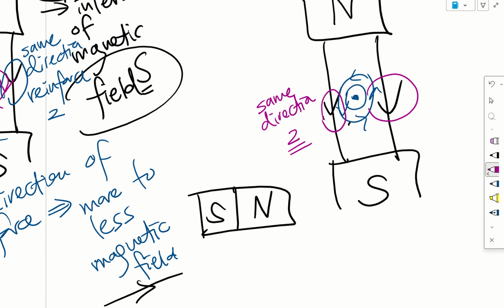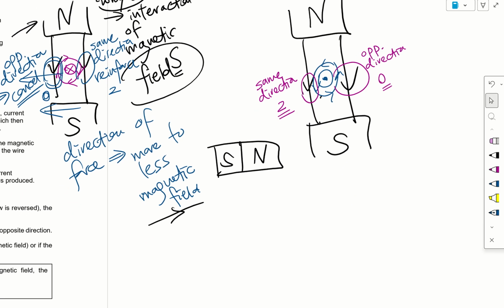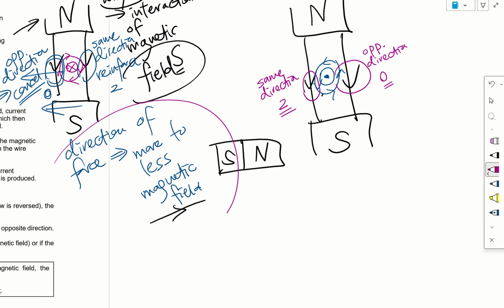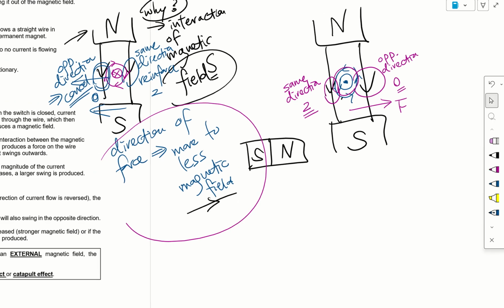The blue one is going to the top, the black one is going to the bottom, so they will cancel each other out, and therefore there will be zero magnetic field. The direction of the force is always from more magnetic field lines to less magnetic field lines. Therefore the force on the current carrying conductor will be to the right.